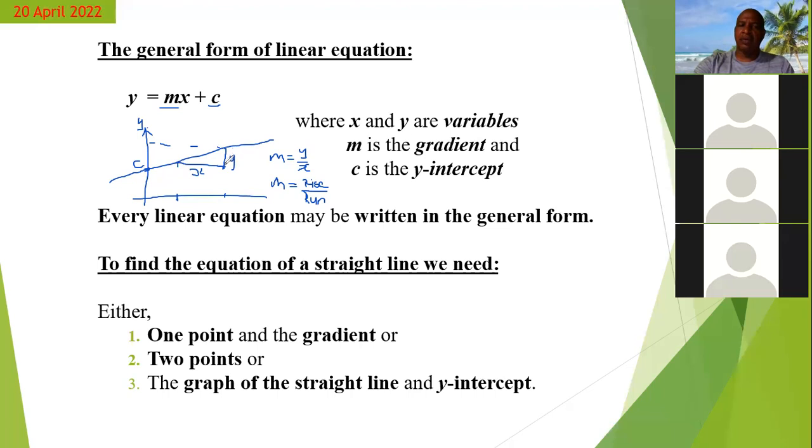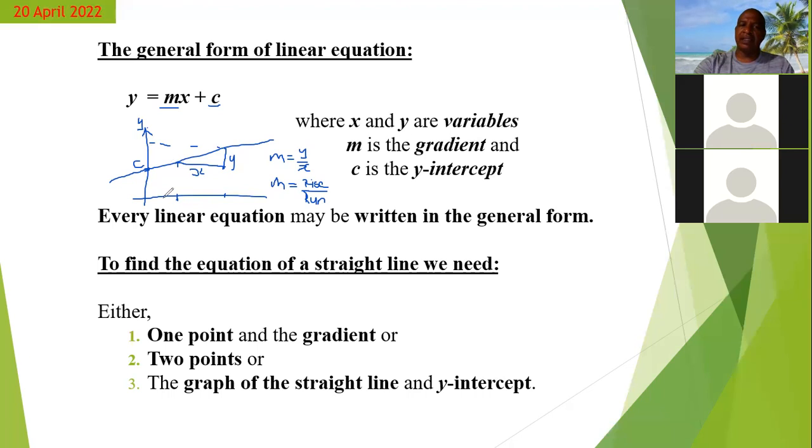Then, based on the measurements on the graph, you measure the length of the triangle. It will be a y value because you're measuring going up along the y-axis. You also measure the length of the base, and because it is measured along the x-axis, it's going to be an x value.